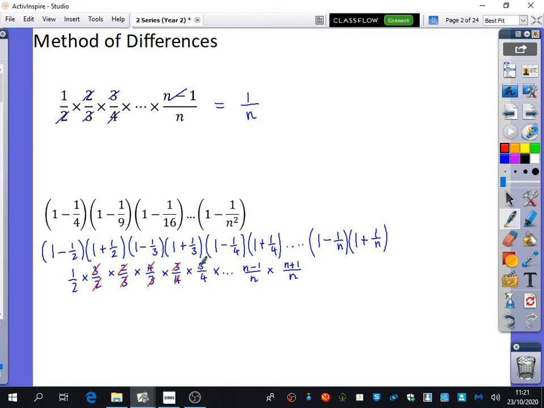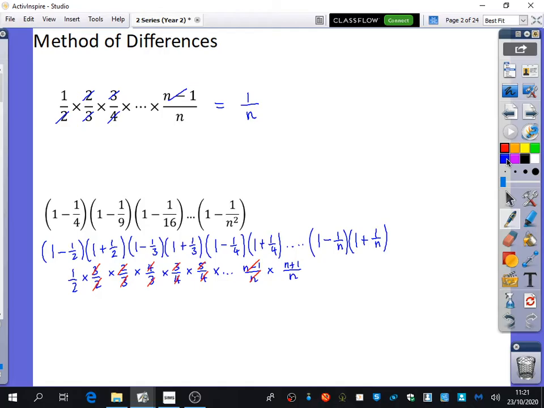Although you can't see it, the 5 and the 4 will cancel as well, and so will these ones as well. So the only one that we have is the 1 minus a half at the beginning, and at the end, the 1 plus 1 over n.